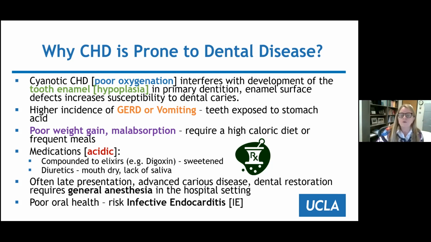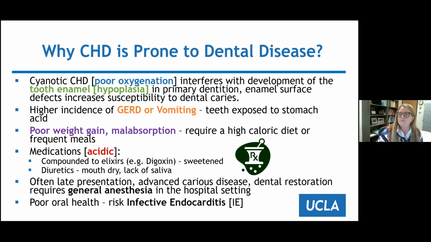There's also, oftentimes they can have reflux or regurgitation and vomit frequently, because when your cardiac output is not good going down your aorta to your mesenteric artery in your stomach, they oftentimes will vomit and have frequent emesis, more so than a normal child would.